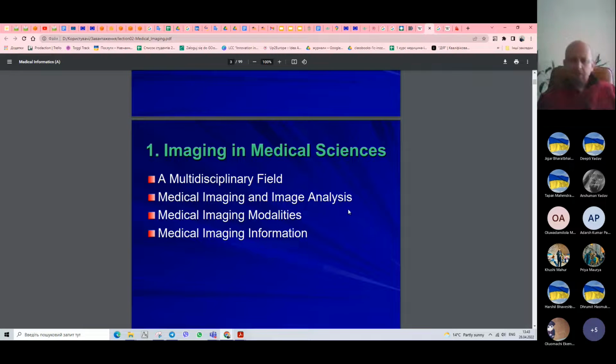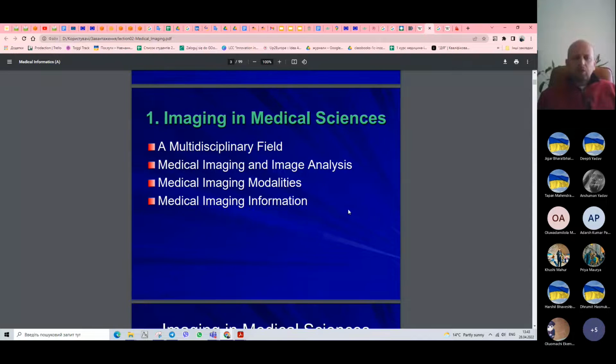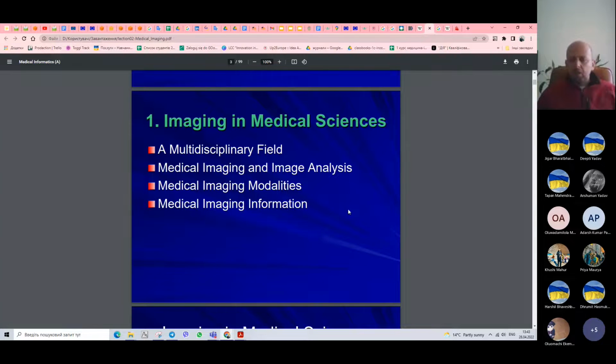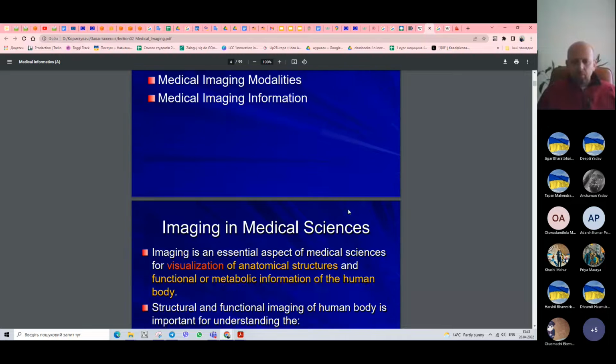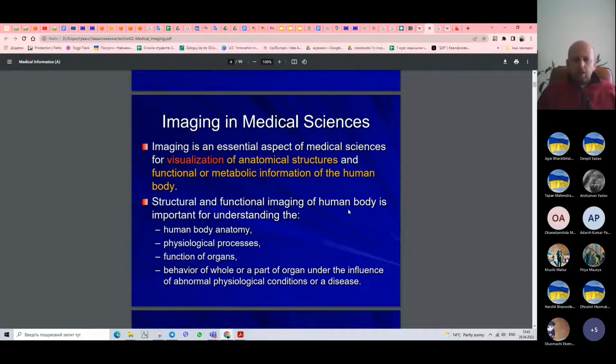Imaging in medical science. These multidisciplinary fields: medical image and image analysis, medical image modalities, and medical image information. Imaging is an essential aspect of medical science for visualization of anatomical structure and functional or metabolic information of the human body.